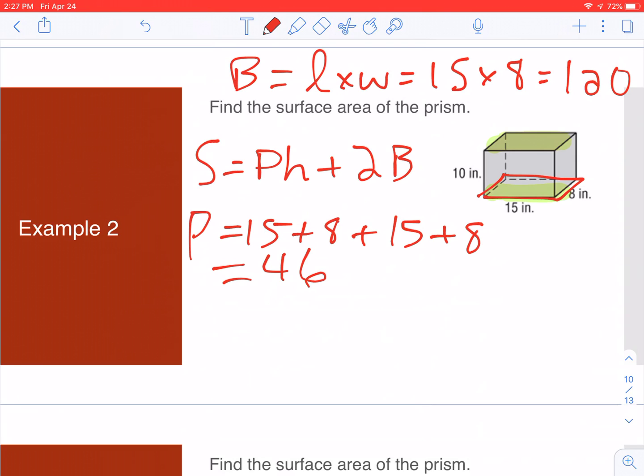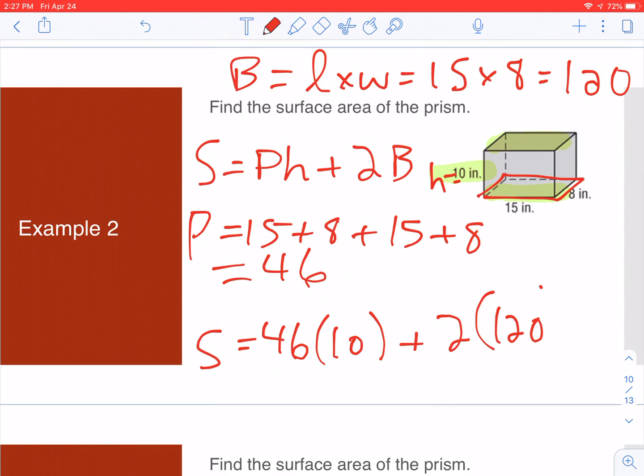Height is 10. It is the distance between my 2 bases. So I'm going to put a little h here. So now I get the surface area equals 46 times 10 plus 2 times 120.